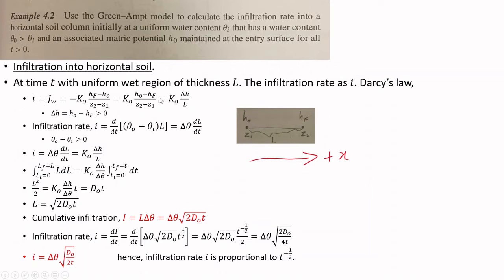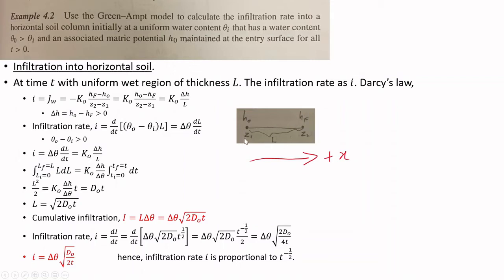The rate of water entering is I, and here we are using Darcy's law. So I equals the water flux, which equals negative K naught times the hydraulic head gradient. You can assume the hydraulic head at the entry point is H naught, and at the end of the soil column it is HF.